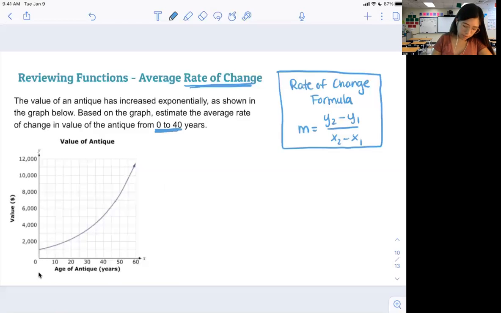So 0, comma what? Good, 0, comma 1000. And then 40, comma what? $5,000, good.